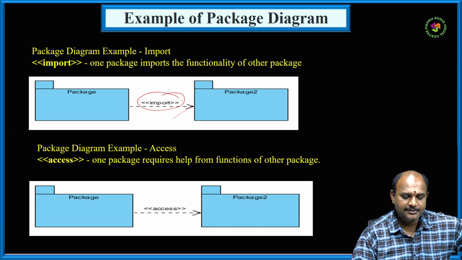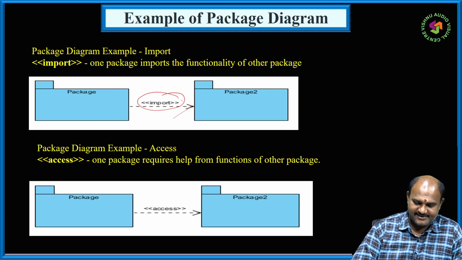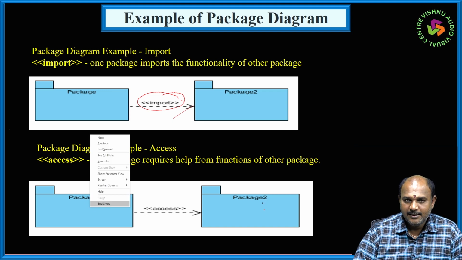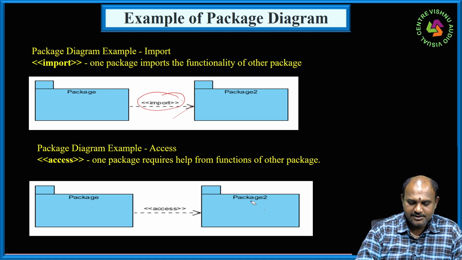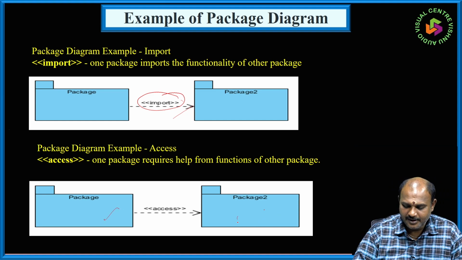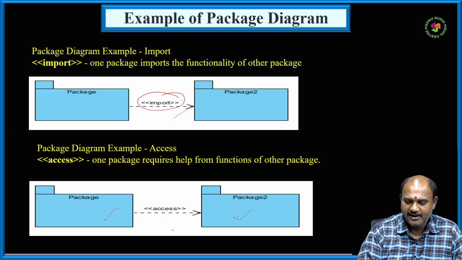And go for access. So one package to another package. This is package 1, this is package 2. This is one package, this is another package. Between these two we can have some dependency.